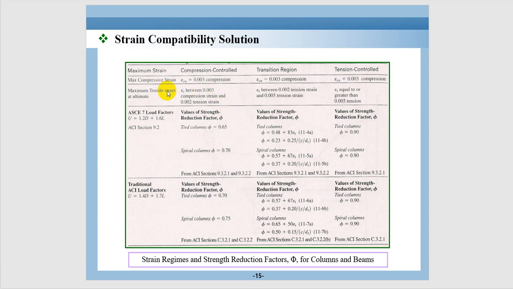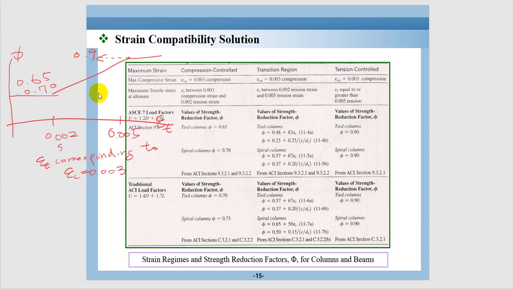The maximum tensile strain at ultimate is greater than 0.005 for tension controlled regions, and the tensile strain is between 0.003 and 0.002 at the compression limit. Therefore, for transition regions, the maximum tensile strain you can get at ultimate is between 0.002 and 0.005.